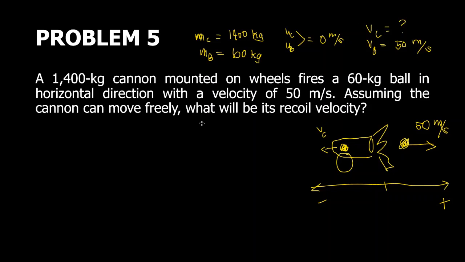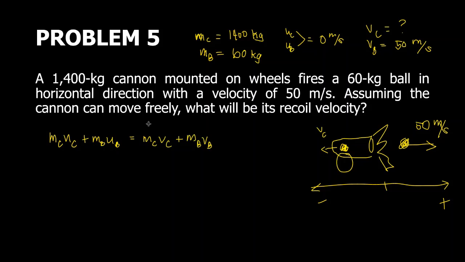So remember the conservation of momentum, which states that the total momentum of system before is equal to the total momentum after. So that is m sub c, u sub c, plus m sub b, u sub b. This is the before condition, is equal to m sub c, v sub c, plus m sub b, v sub b.